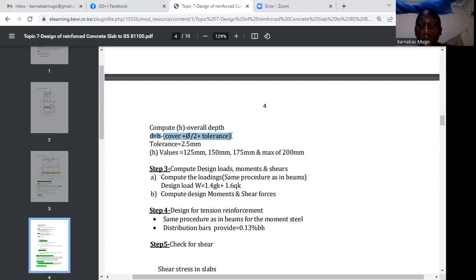This is going to follow the same procedure as in beams for the moment, and the distribution bar will be 0.13% of BH, that is AS minimum. So exactly the same procedure that we used in designing the beam is what we are going to use in the design for tension reinforcement in case of a one-way span.